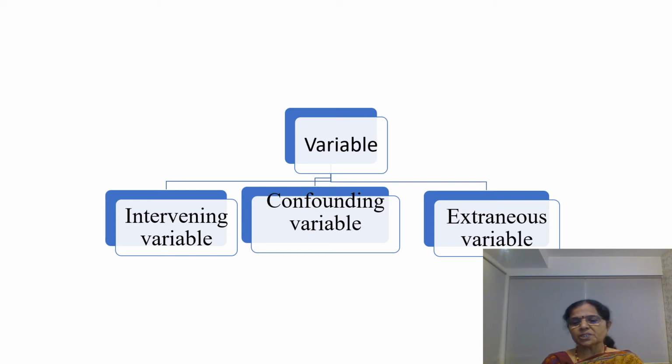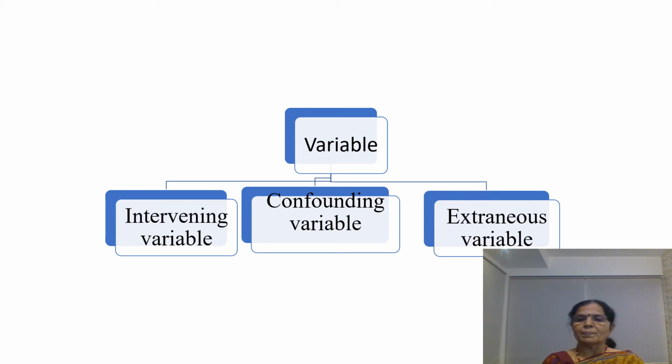Extra hours coaching is the independent variable and performance in English is the dependent variable. And here the practice may become the intervening variable, explaining the effect of the treatment variable, namely the extra hours coaching, which is the independent variable, on the dependent variable, namely the performance in English.